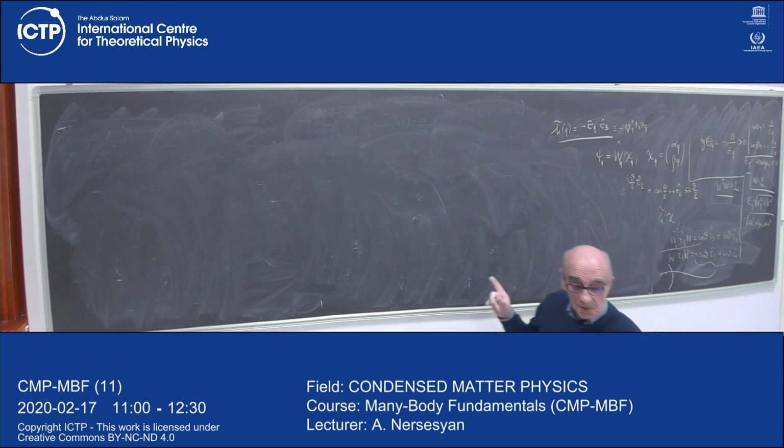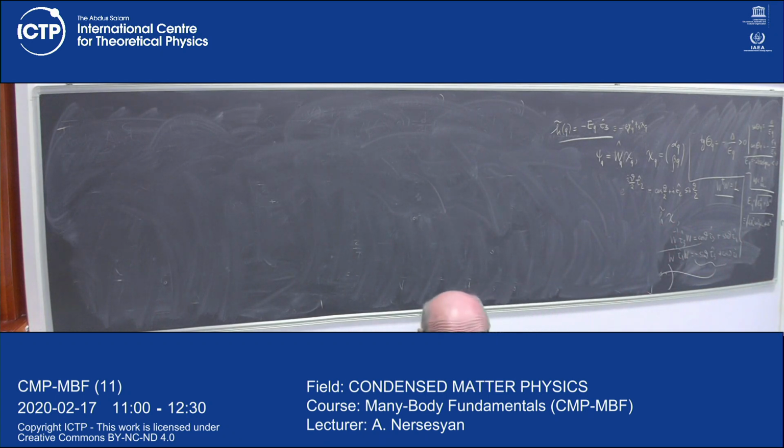Because the problems we have been considering so far were one-particle problems. We took the one-dimensional metal, one-dimensional for simplicity. It's a free Fermi gas. All the states are well known. They are one-particle states.